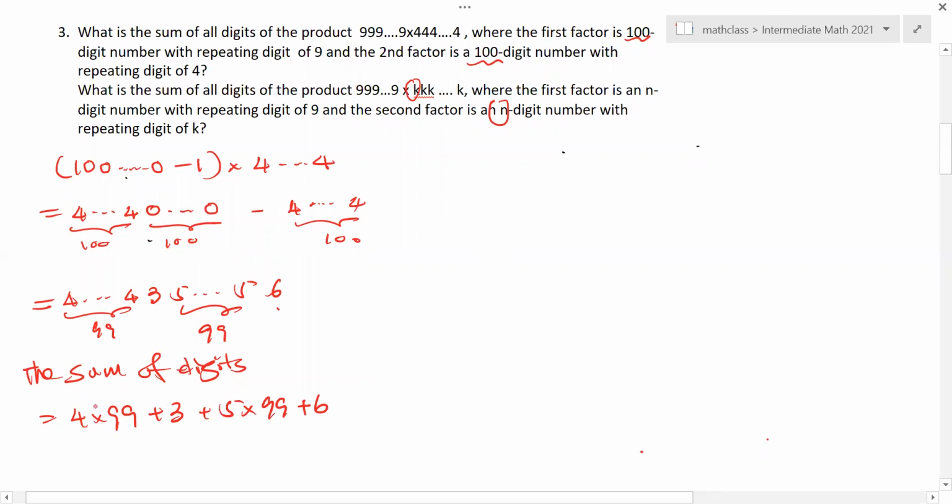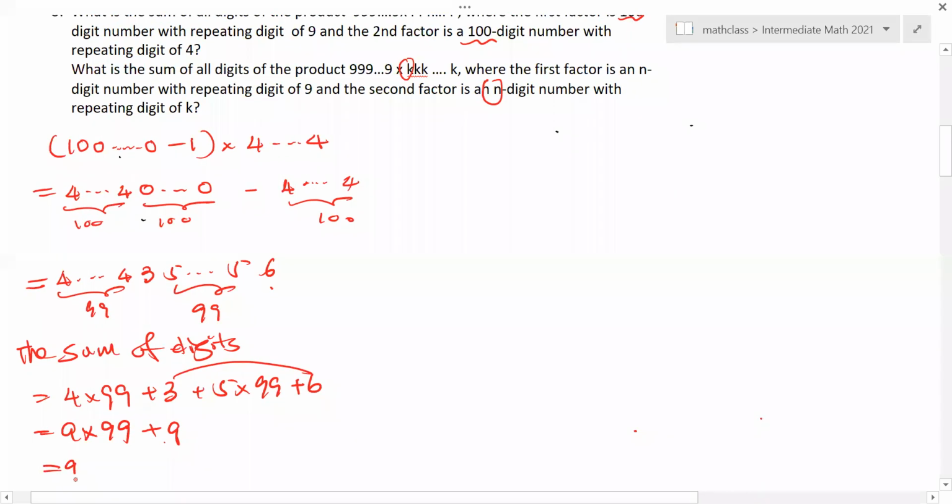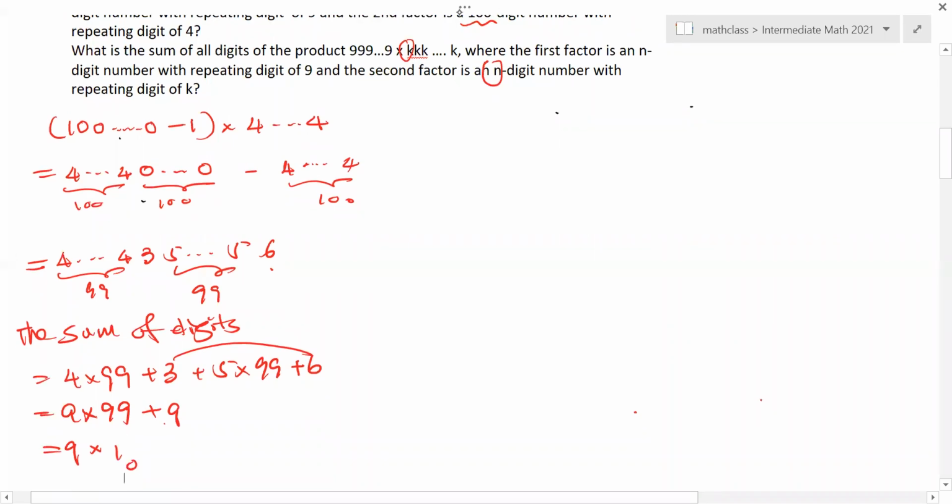You can also do simple multiplication. 4 plus 5 is 9, so 9 times 99, and then 3 plus 6 is also 9. Then you take a 9 out, and 99 plus 1 is 100. So you can quickly get the answer.